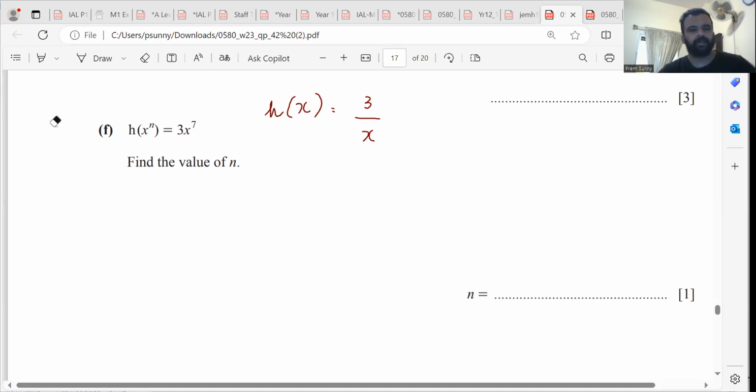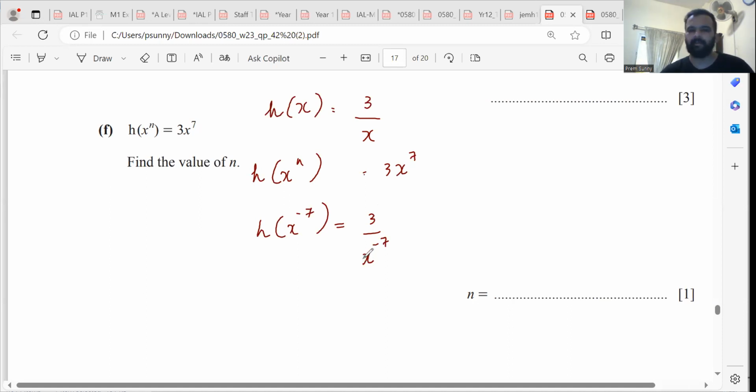H of x is equal to 3 by x. So what we need here is h of x to the power of n is given as 3 into x to the power of 7. Now, if we substitute n with minus 7, we'll get the answer as 3 by x to the power of minus 7.